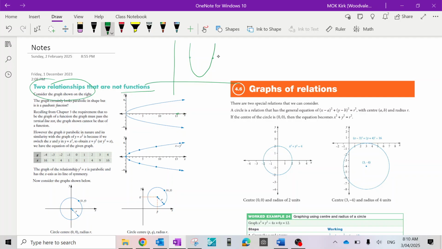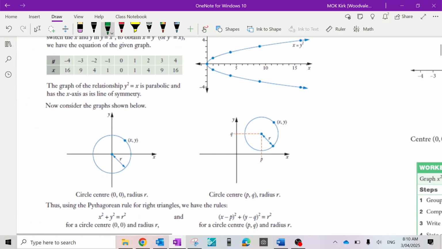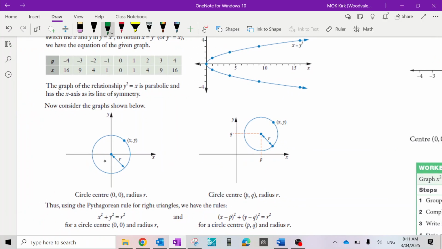But a relation can have the same x value with two y values, and that's what a circle is. With a circle, this coordinate here has a y value here and a y value here. So that's what we call a relation, okay?